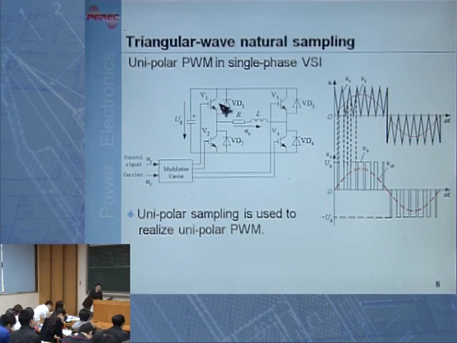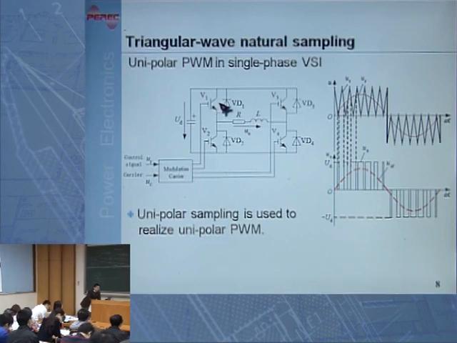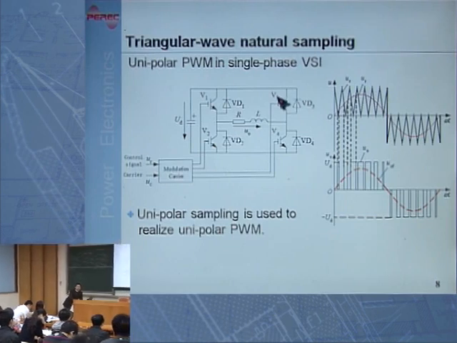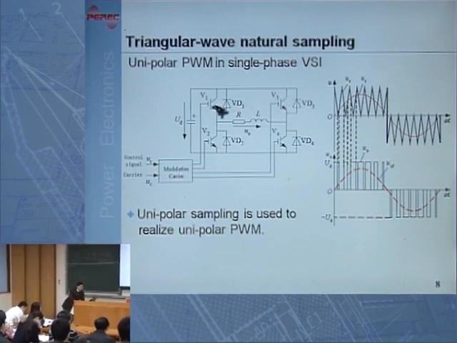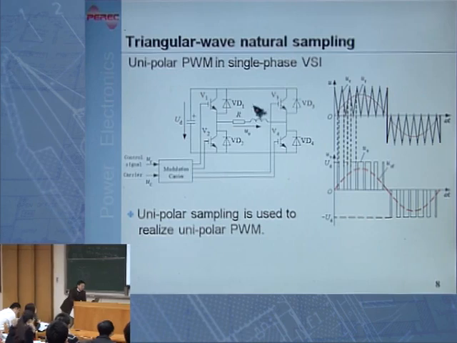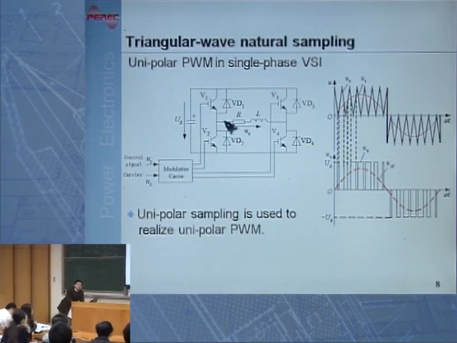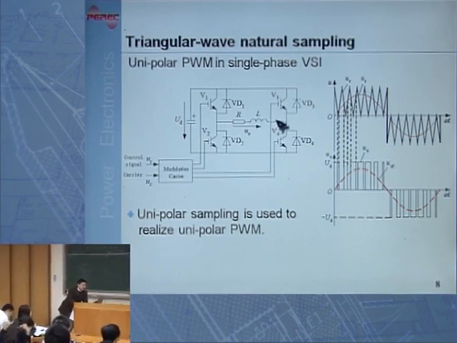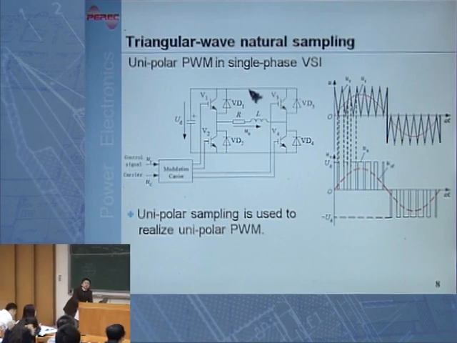I can either send turning on signal to V1 and V3, right? As long as I send turning on to V1, V3, then the left-hand side of the load and right-hand side of the load will be connected together through this point, right? It doesn't matter which direction the current will be flowing.